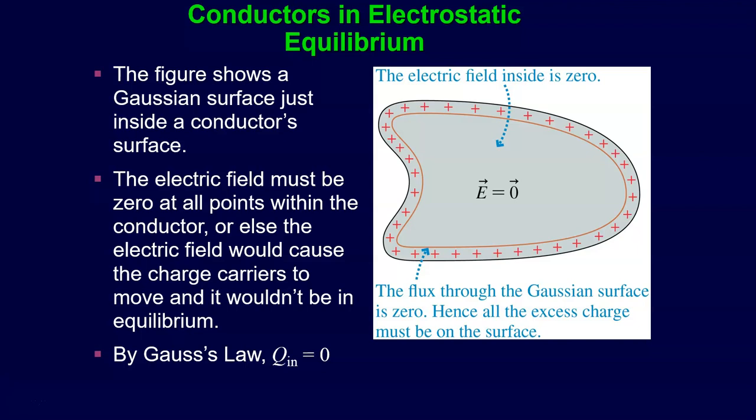And the first thing that we're going to claim is this idea that there will be no charge inside a conductor. I'm sorry, there'll be no electric field inside of a conductor. And the rationale for that is that if there's electric field, the conductor has a bunch of free electrons.